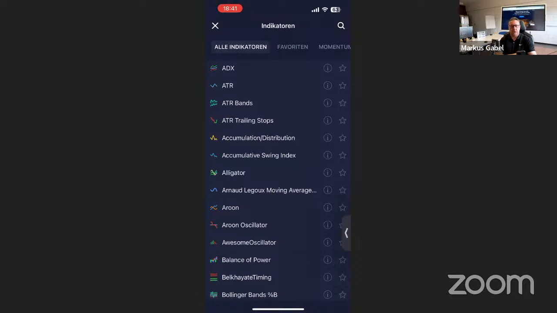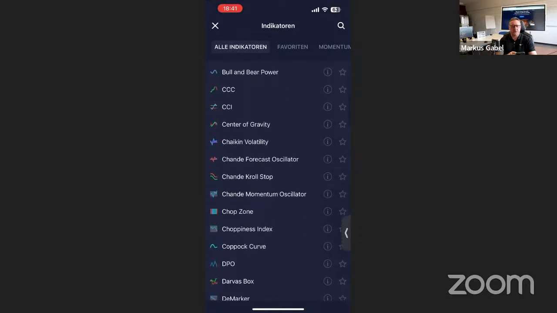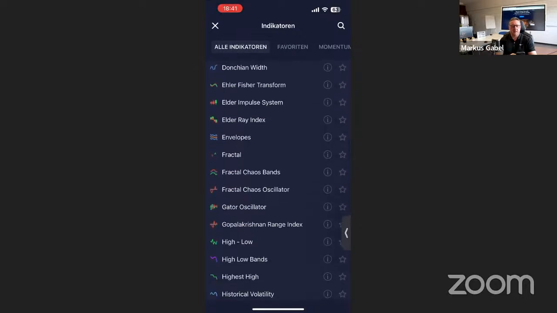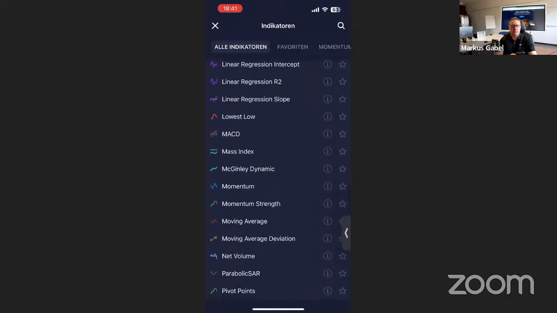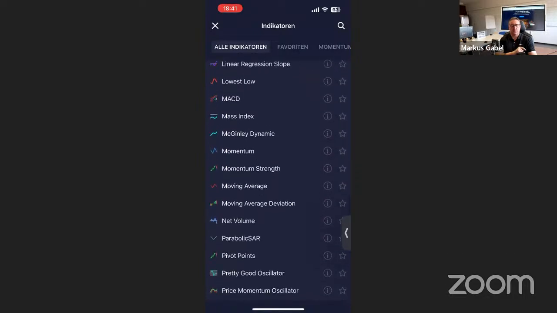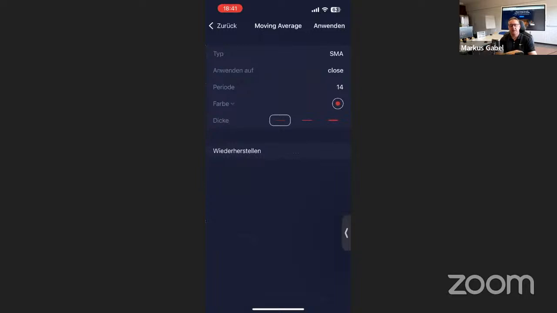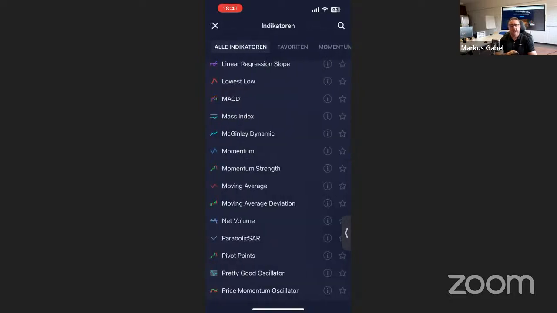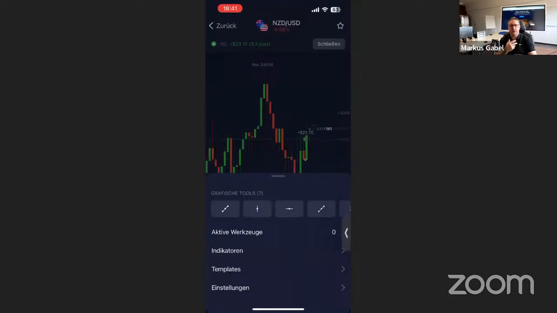Let's see if we find moving average. Yeah, moving average. And here you can set everything in your chart and put it into the chart. So you see in the app, you can do everything that you can do on your laptop also.